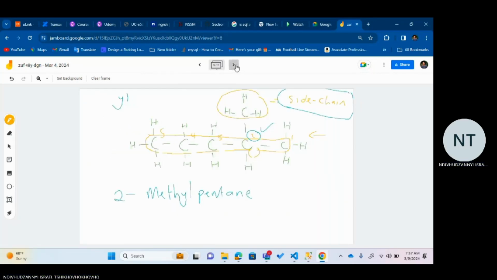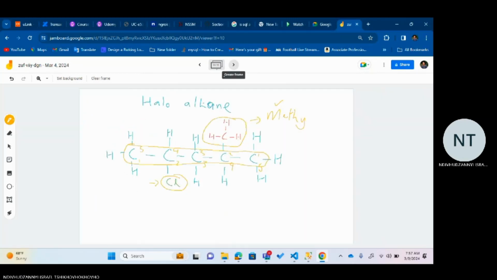Let's go and check. So we can see that looking at the halogen, let's look in terms of its position on the carbon chain. We see in the forward order, it's in position 2. Then in the reverse order, it's in position 4.